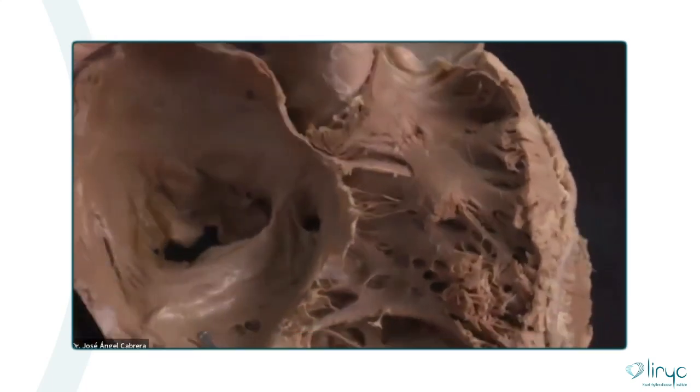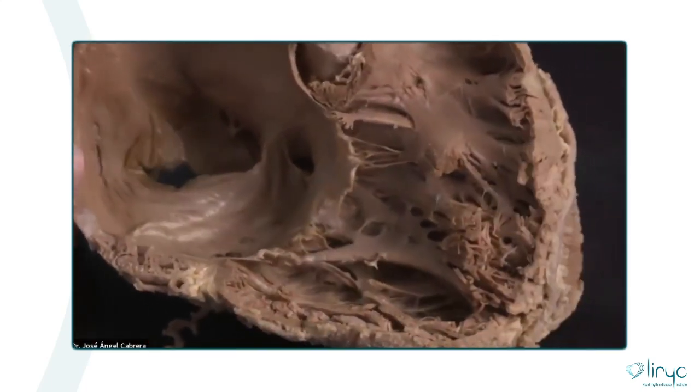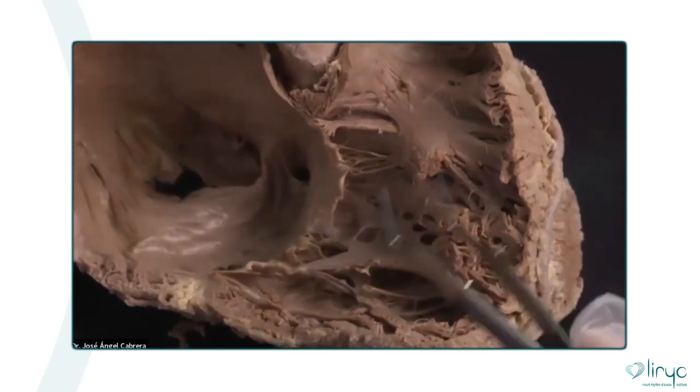And here you can see the main anatomic landmark of the right and the left ventricle.